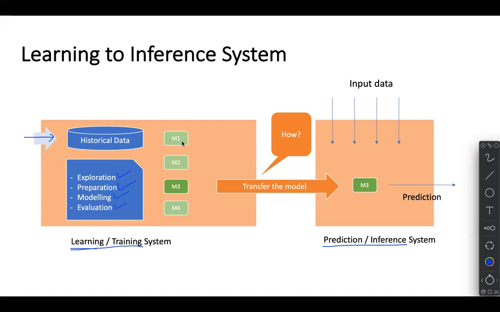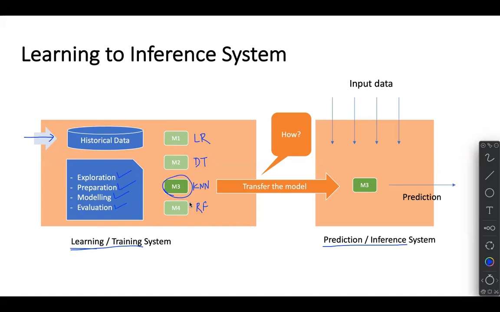Now, let's say we have evaluated multiple different models like M1, M2, M3, and M4. Of course, we have only explored linear regression so far, but let's say we have also built a decision tree or KNN model or a random forest model. Out of that, we found that the KNN model works best.